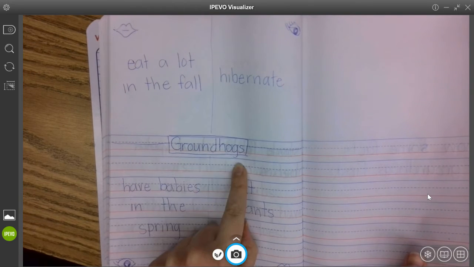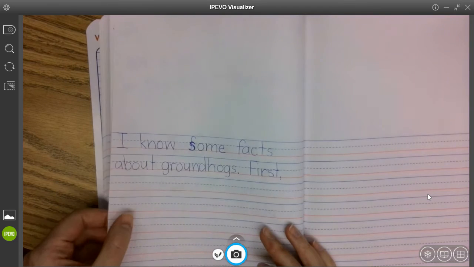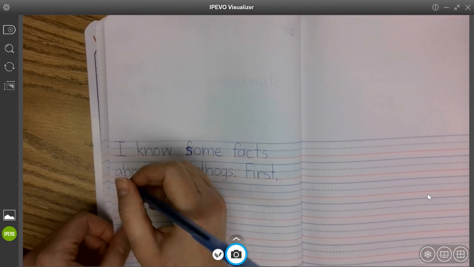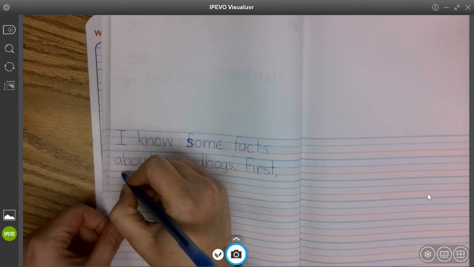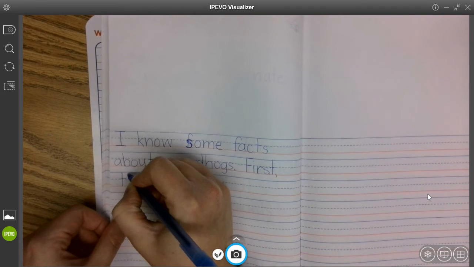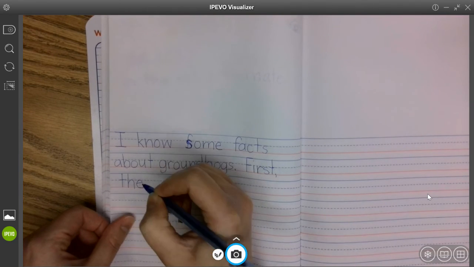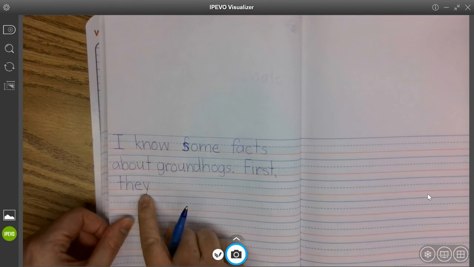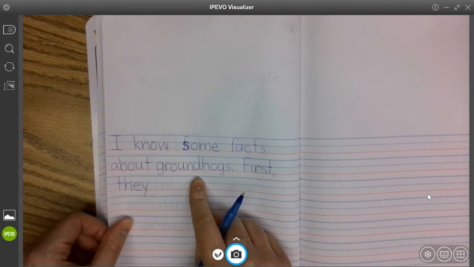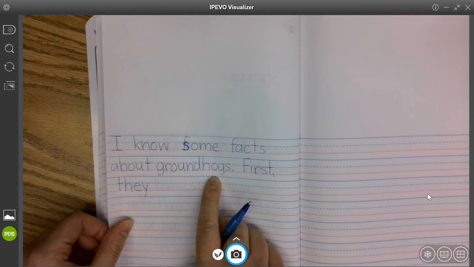Now I don't need to write groundhogs again. I'm talking about a group of animals called groundhogs. And so I'm going to use a pronoun that is for a group. I'm going to do they. The word they means groundhogs in this writing. Okay, so if I've already said the name of my topic, I don't have to repeat it over and over.